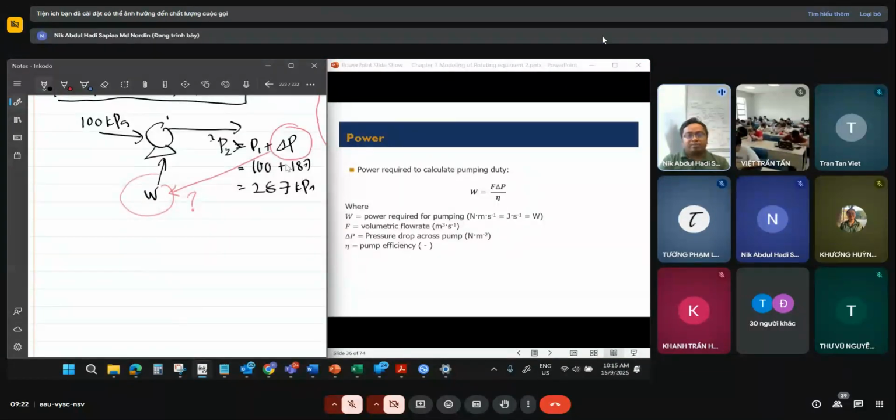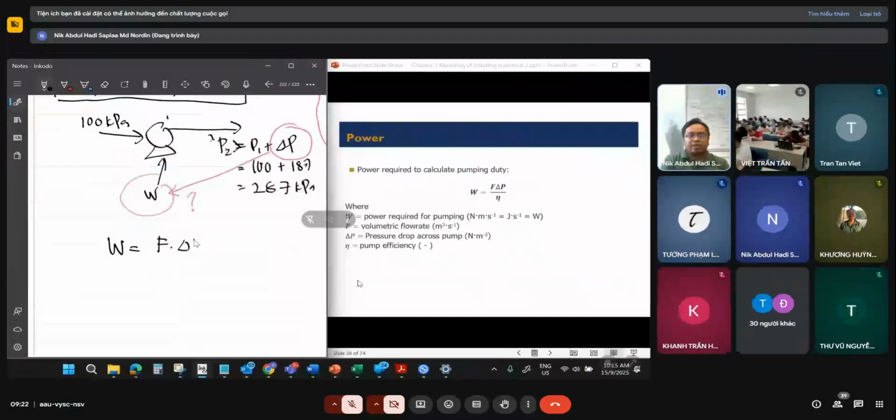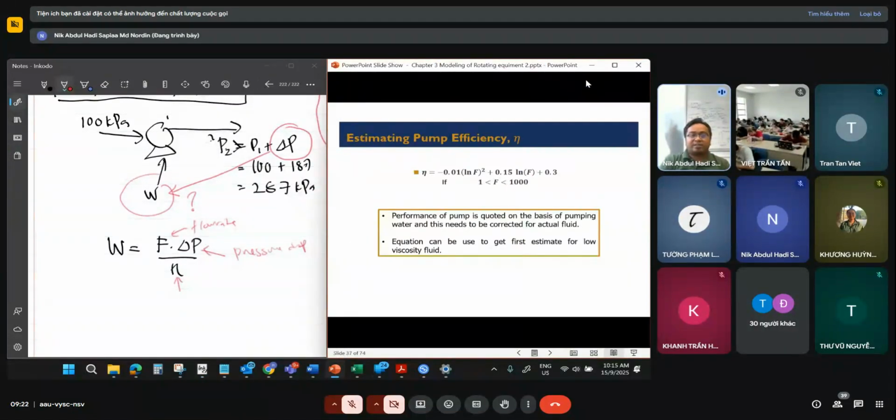Our work is equal to F delta P over efficiency, where F is our flow rate, delta P is the pressure drop, and the efficiency we can estimate based on this equation in the slides.